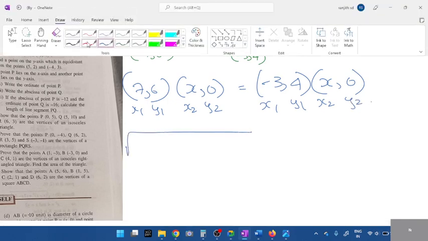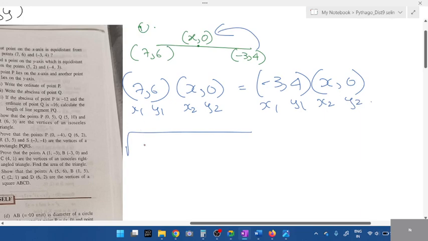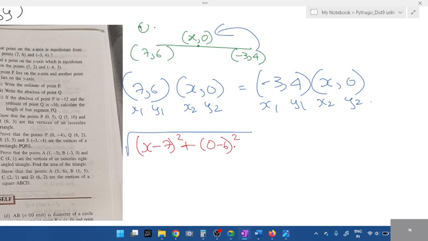What is x1, y1? What's the formula? What is x value? x2. X minus 7 the whole square plus y2 is 0 minus, is equal to.